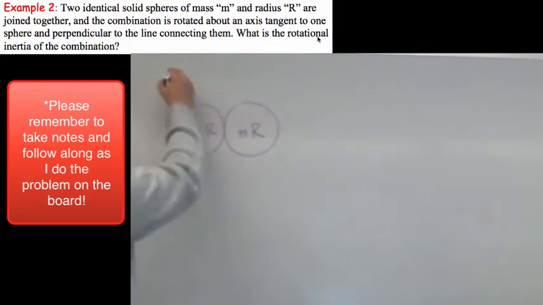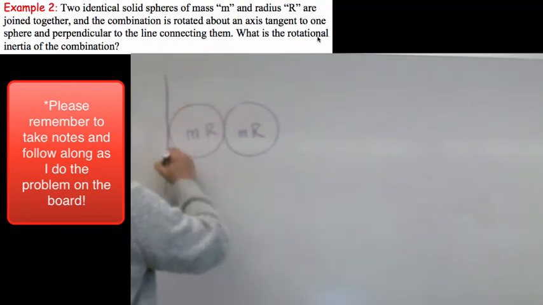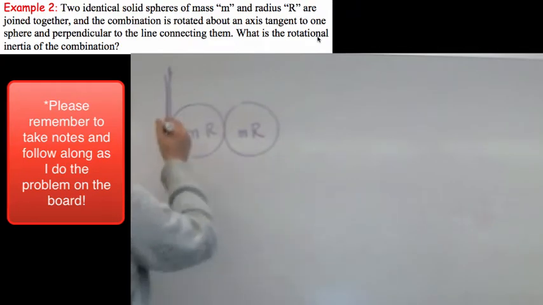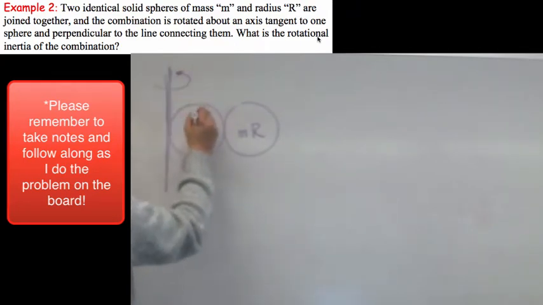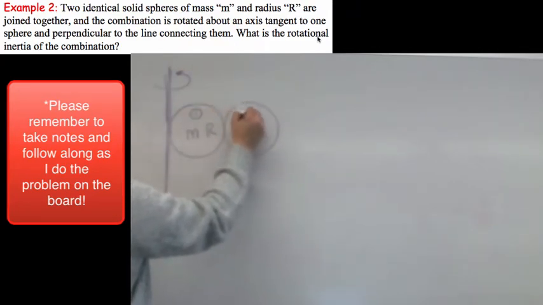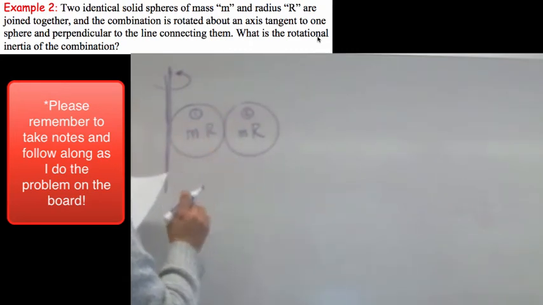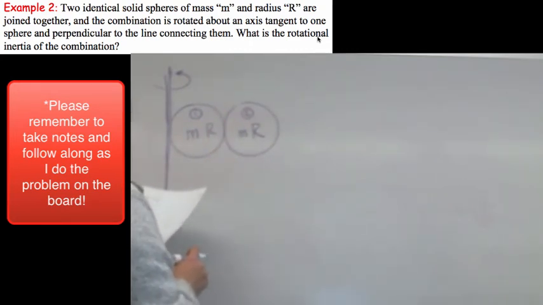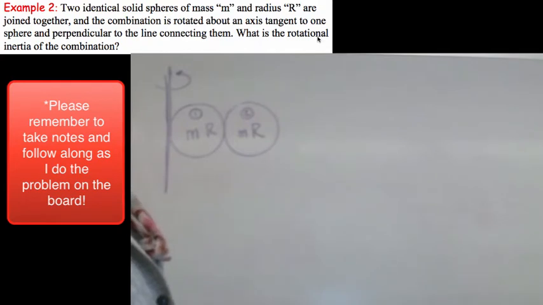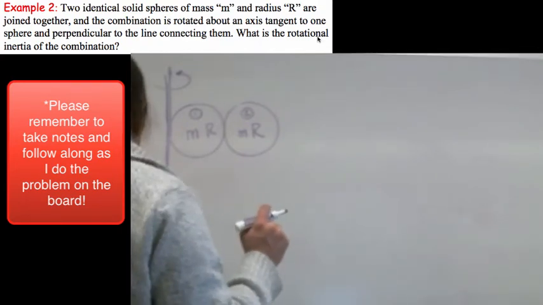So let's pick this sphere to be the one that the axis is tangent to, perpendicular to the line where it's joined. So sphere 1 and sphere 2 are rotated about this particular axis. So what they're asking us to find is the rotational inertia of this combination.